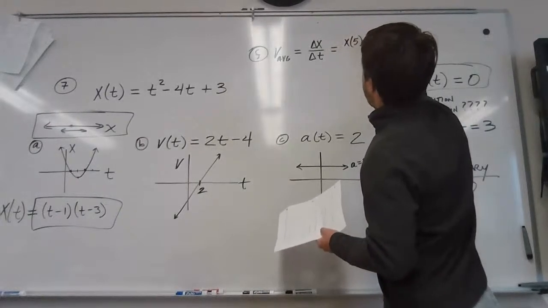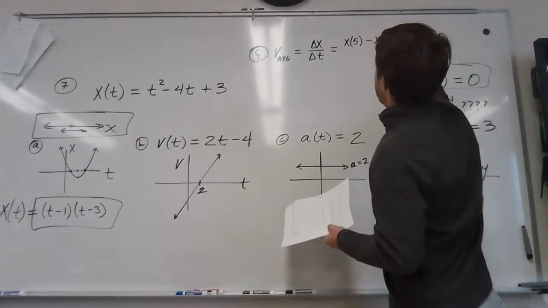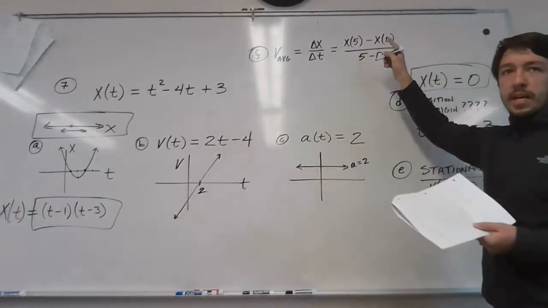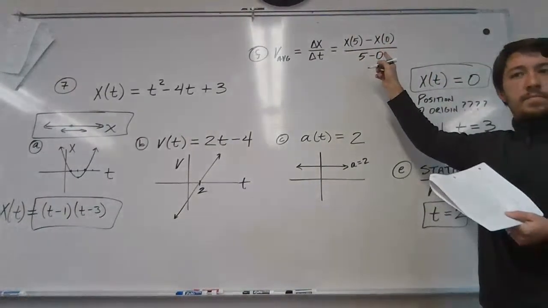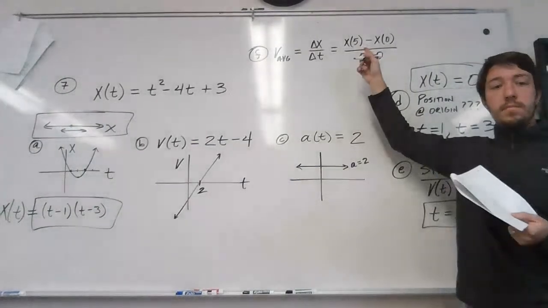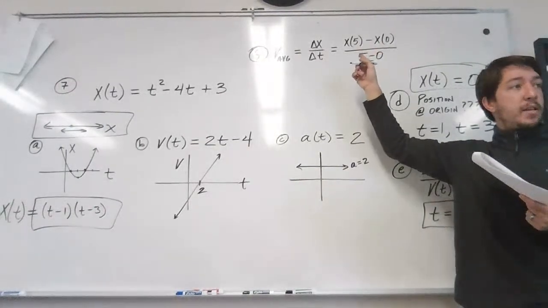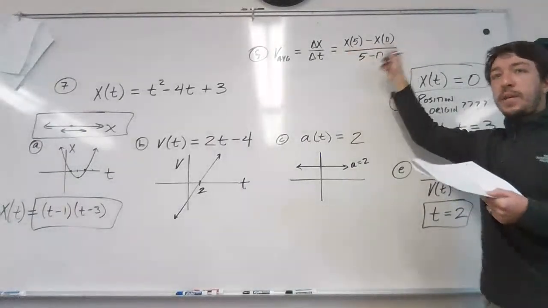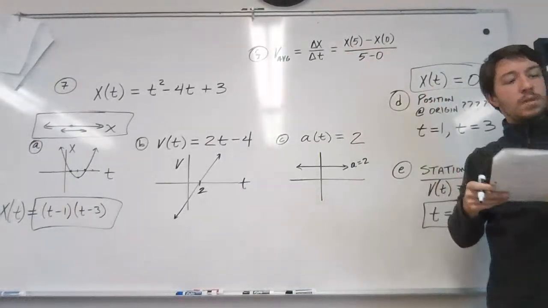Position at time 5 minus position at time 0? That might remind you of the average rate of change calculation, like f of A minus f of B over A minus B.